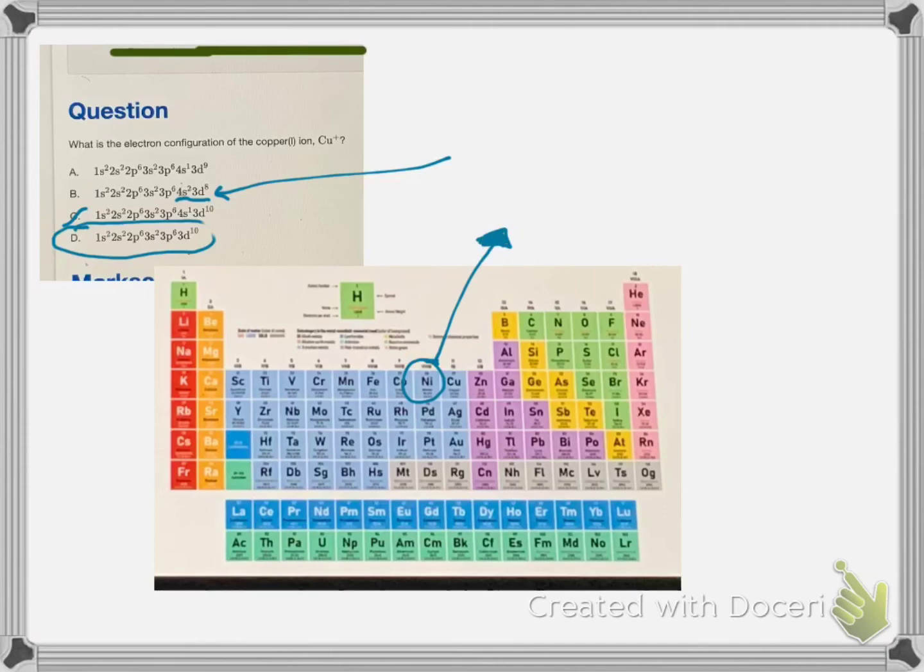Now, this also goes back to the point of copper being an exception regarding the half-filled subshell and electron spin, which I actually looked up before this question because it's kind of complex. Chromium and copper are exceptions to the electron configurations because of electron spin. But anyways, in general, this is nickel's atom configuration of 4s2 3d8.